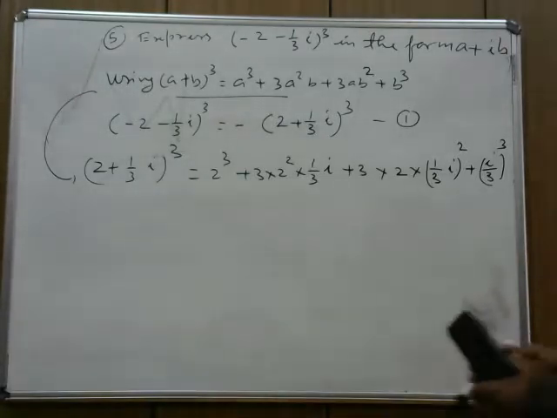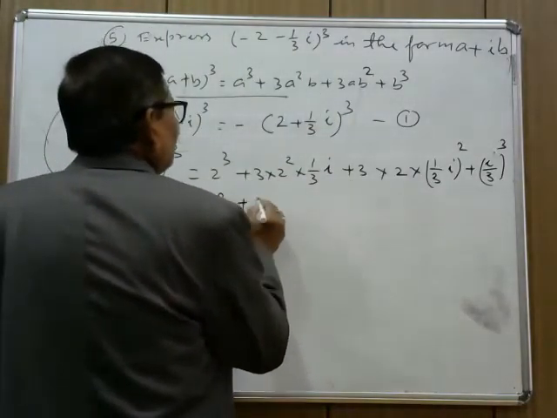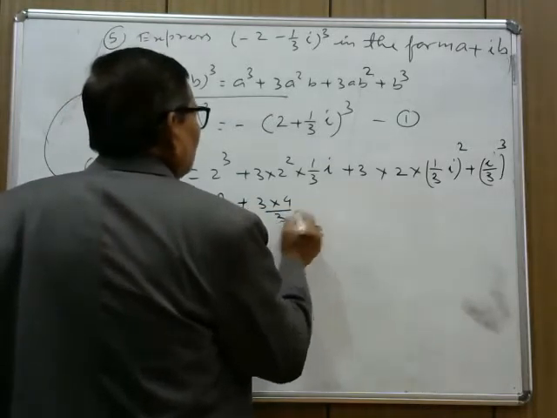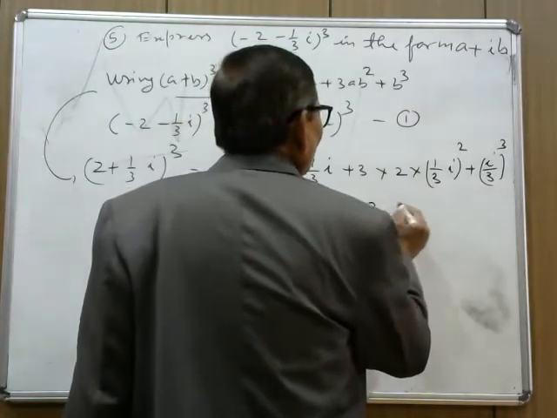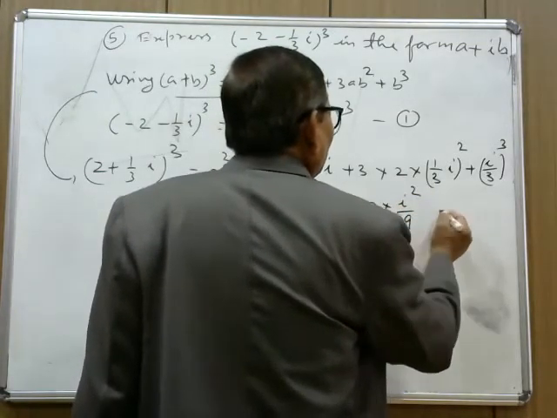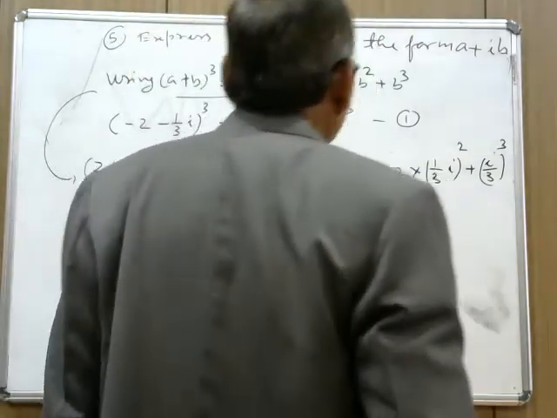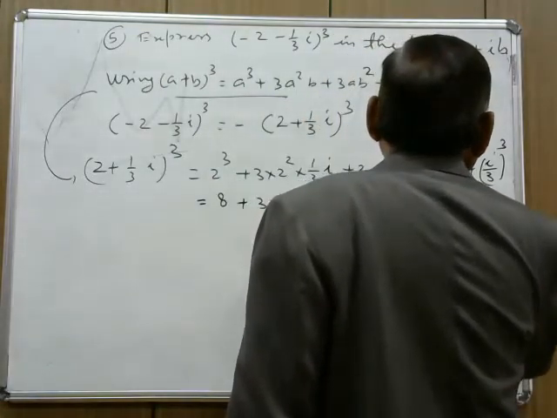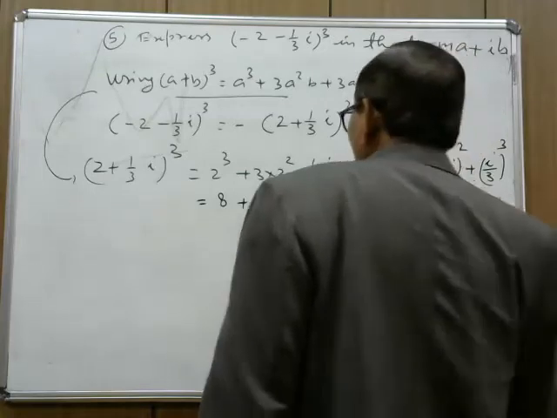So you can write this is equal to 8 plus 3 into 4/3 i plus 3 into 2 i square/9 plus 1/27 i square into i.